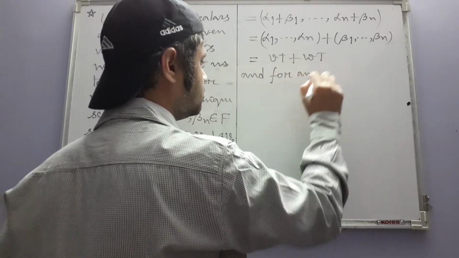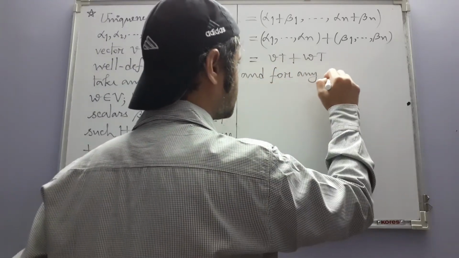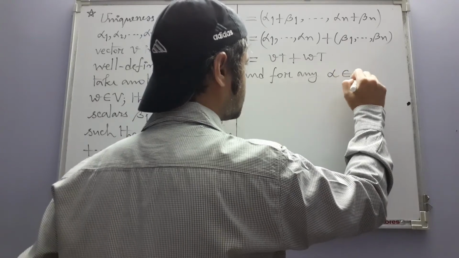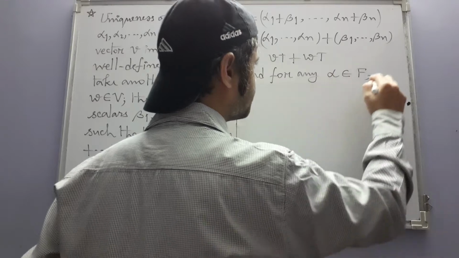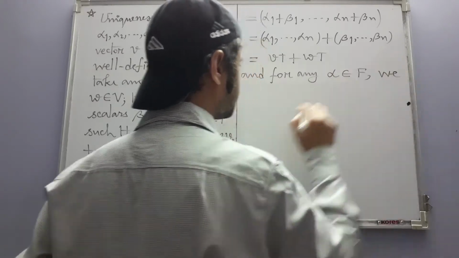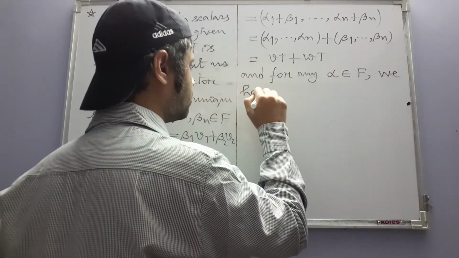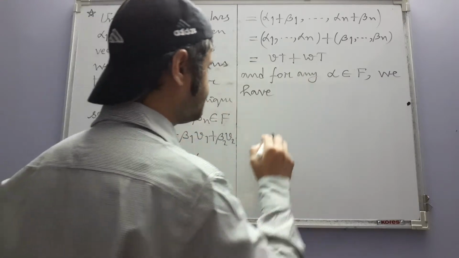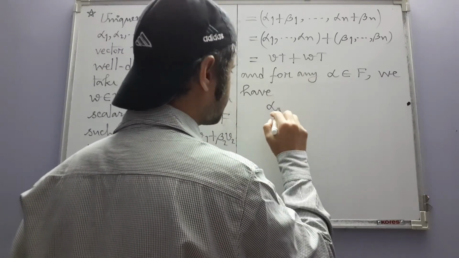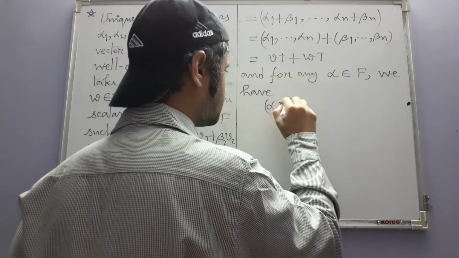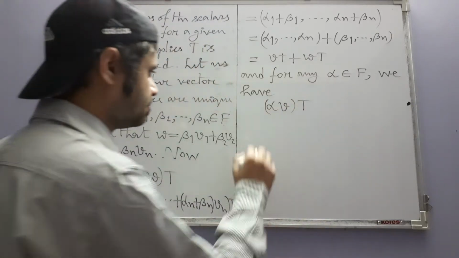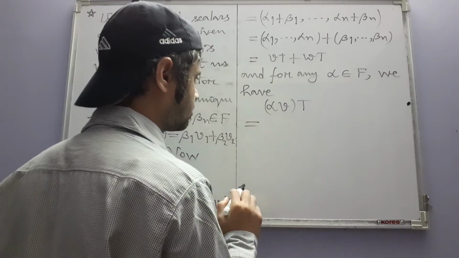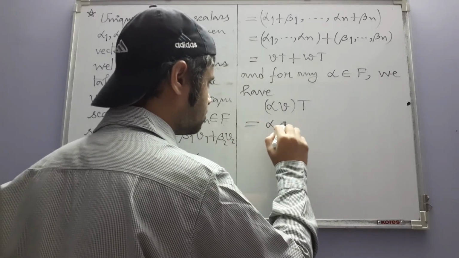And for any scalar alpha belonging to F, we have, so next what we do, we apply T on alpha times the vector, which is what?